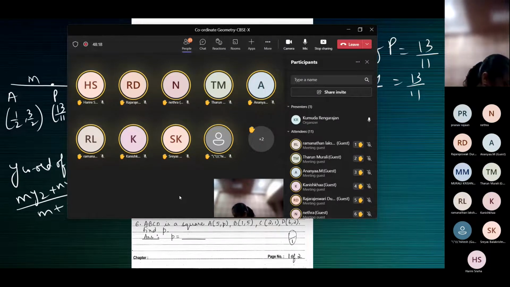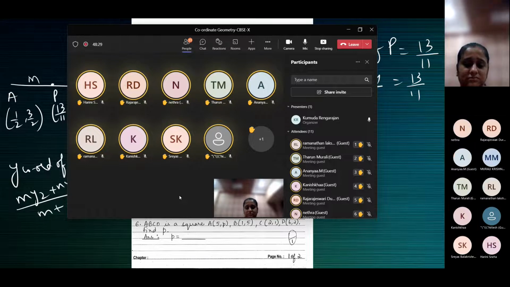Where's my phone? Very good, Tarun, Sneha, Harini and Ananya. Very good.